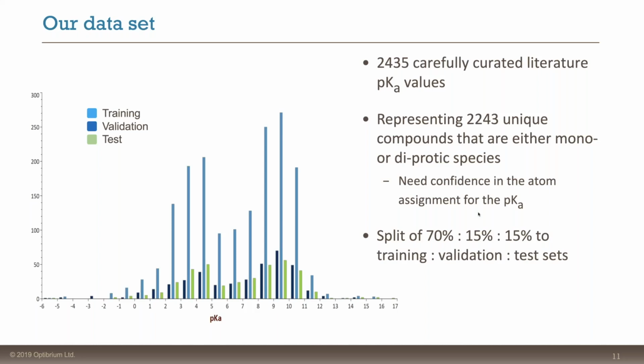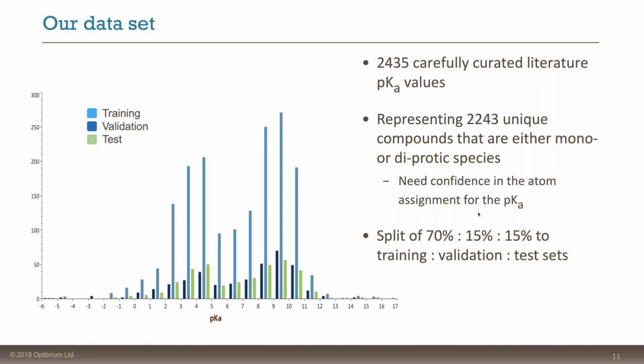And so the data set, as you can see listed in the histograms, we have split into a training set, a validation set, and a test set. We have these three splits in a 70, 15, 15% ratio, essentially so that we can build a model with a variety of QSAR and statistical methods.